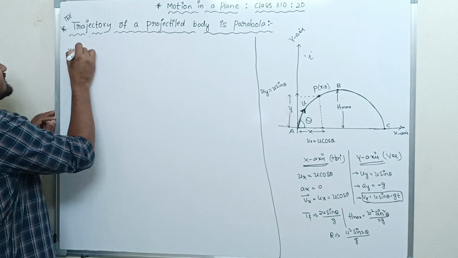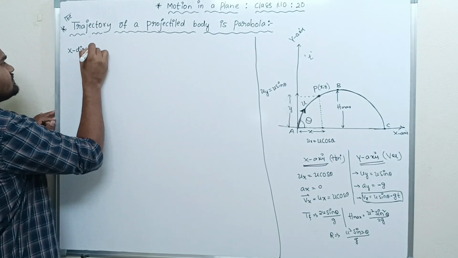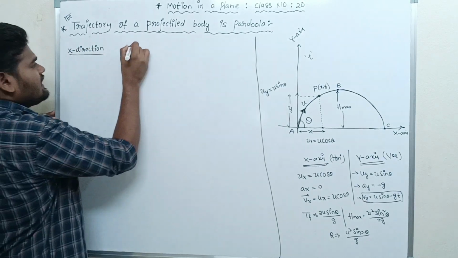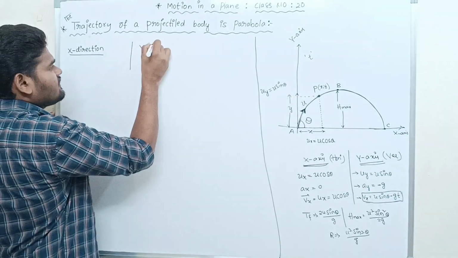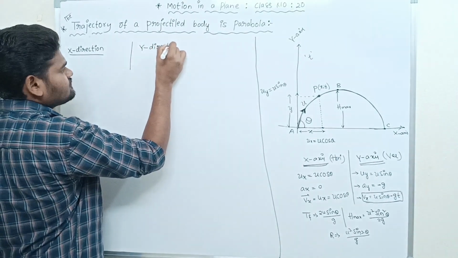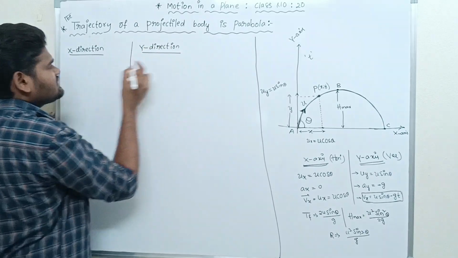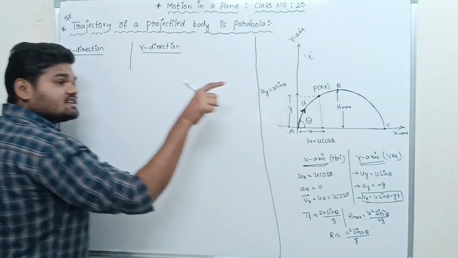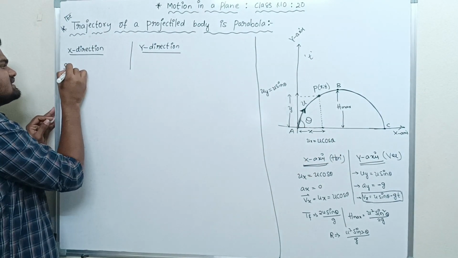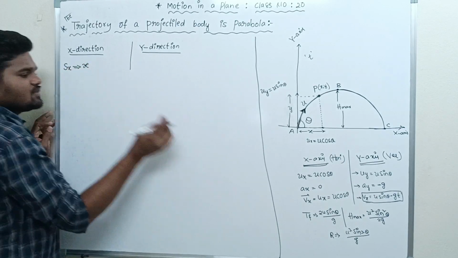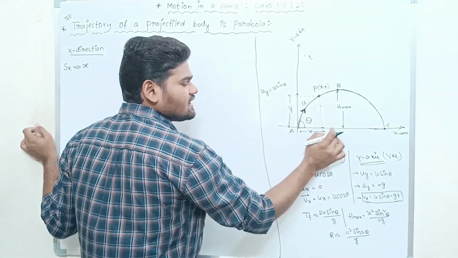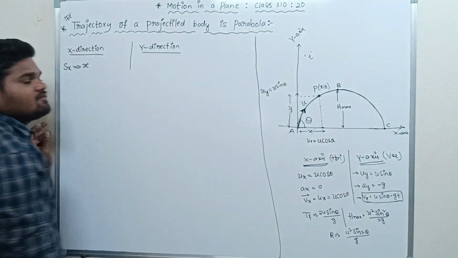So along x direction, and along y direction. Have a look. Along x direction, what is the displacement of the object? Sx is equal to x, the displacement of the object at a given time t.